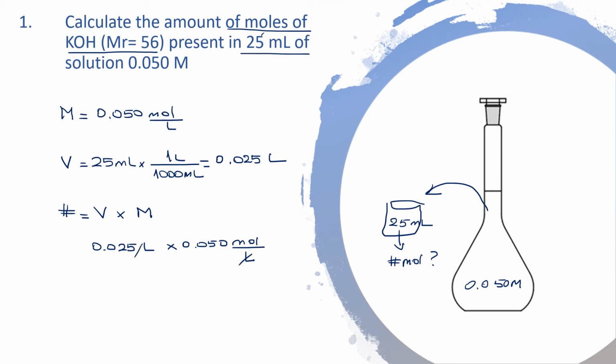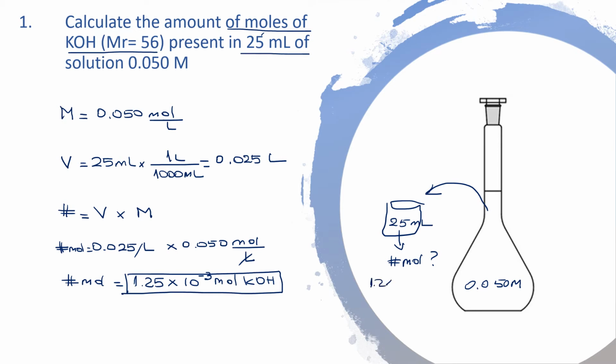Liters go with liters, and the number of moles is equal to 1.25 times 10 to the negative 3 moles of potassium hydroxide. That means that in my 25 milliliters, I have 1.25 times 10 to the negative 3 moles of the solute present.